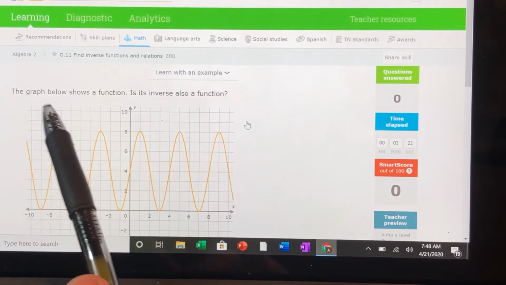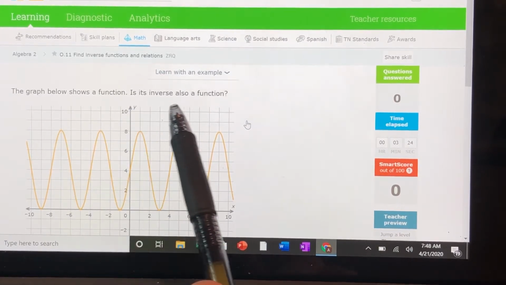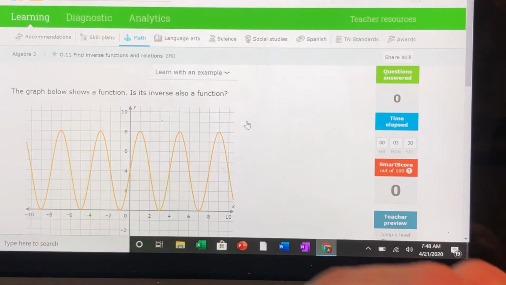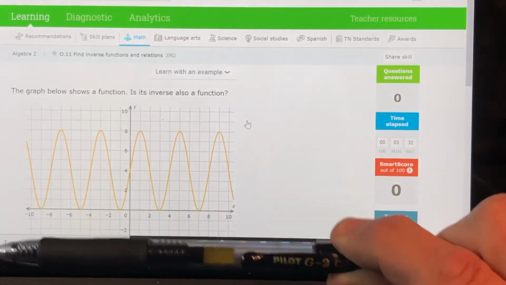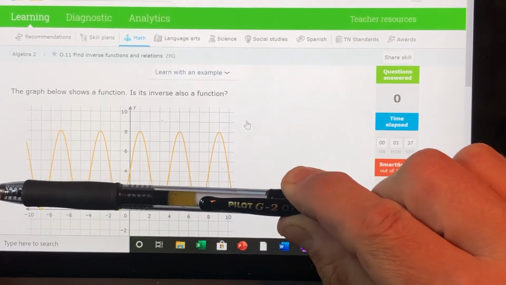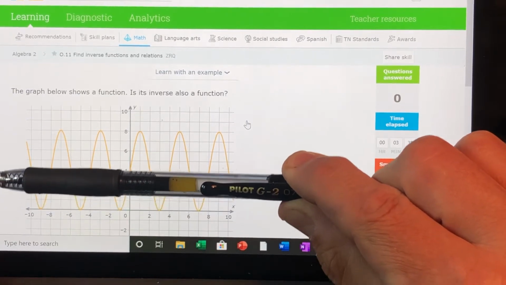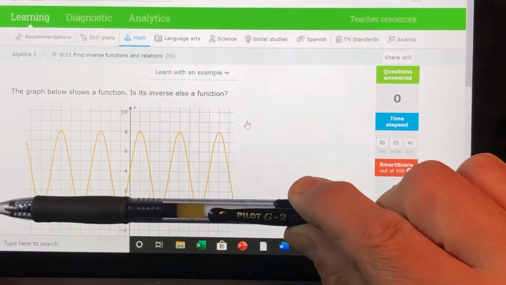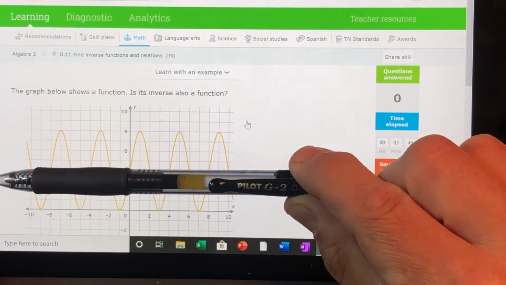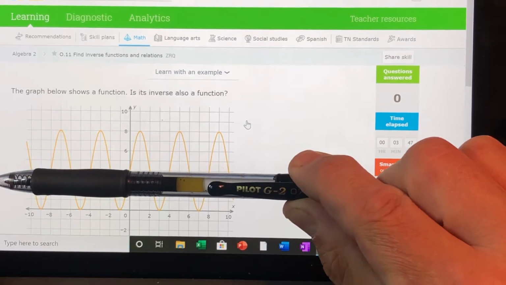So it says the graph below shows a function. Is the inverse also a function? Well, we know that the inverse will be a function if it passes the horizontal line test. So take a horizontal line and put it on there, and you can see this horizontal line touches that function in lots and lots of different points. So it fails the horizontal line test, and therefore the inverse is not a function. Okay?